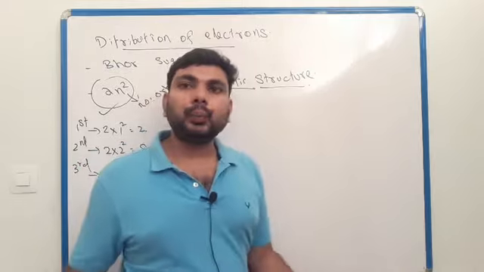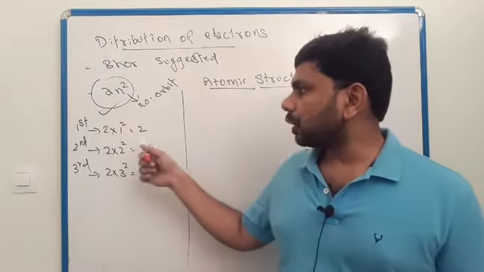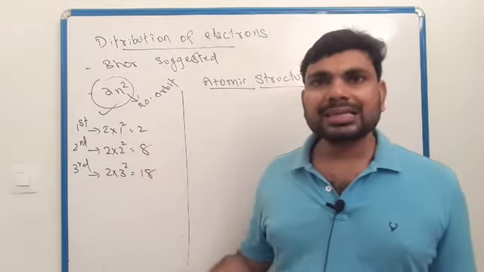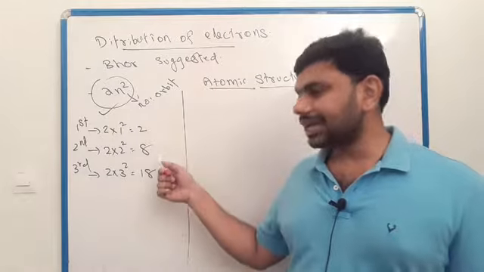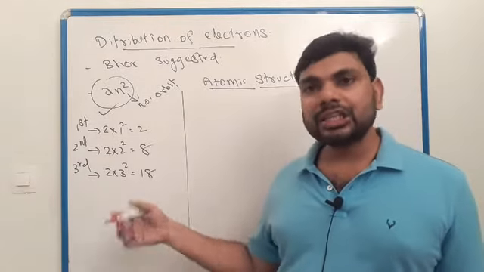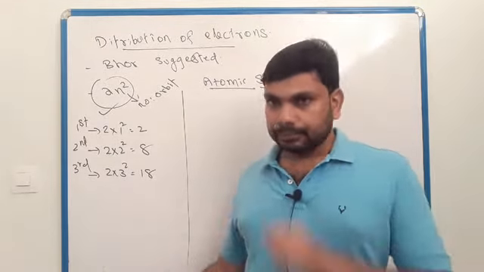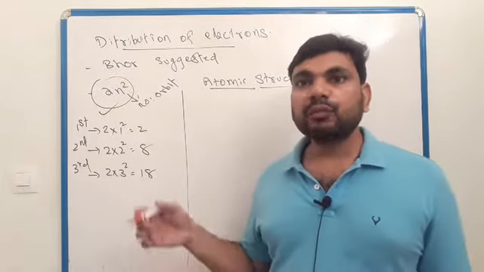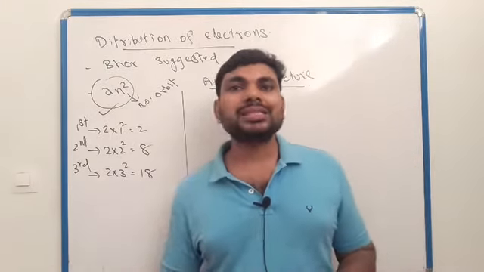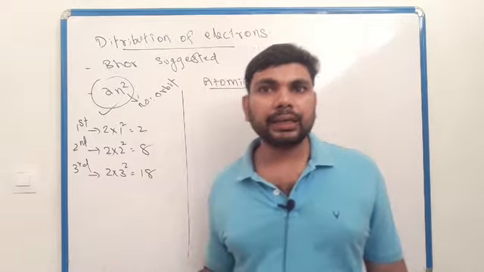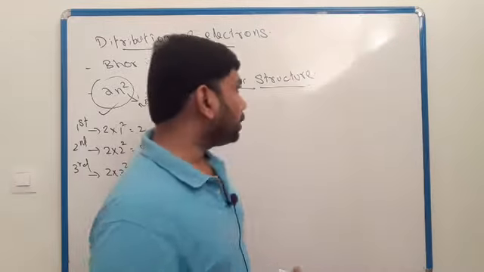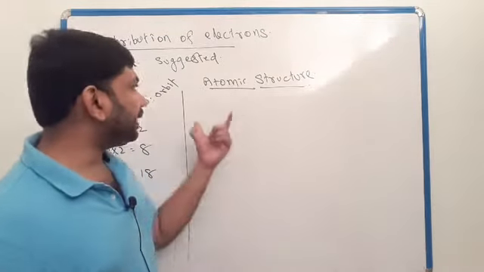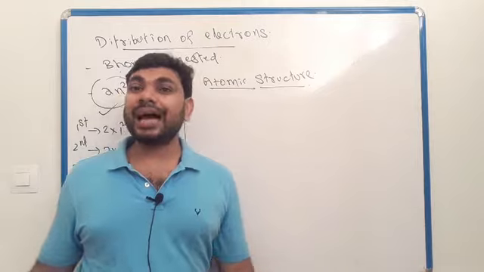So first orbit there will be 2 electrons, second orbit 8 electrons, third orbit 18 electrons. Similarly, fourth orbit there will be 32 electrons. So we can find the number of electrons in different orbits accordingly. Clear? Now based on this we can predict different atomic structures.